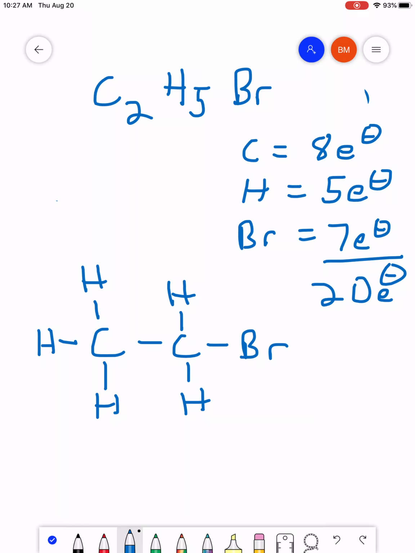The carbons are happy, with 4 bonds and no unshared pairs. The H's are happy. We still have to place 6 electrons. Bromine's only got 1 bond, so it can hold them. And as we know, the halogens like to make 1 bond and have 3 unshared pairs. So 2, 4, 6, 8, 10, 12, 14, 16, 18, 20 electrons.